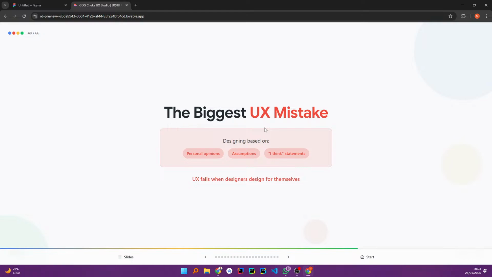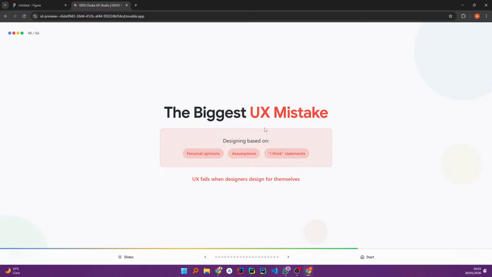This oftentimes leads to designs failing, because designers end up designing what they think works for them instead of what works for the user.